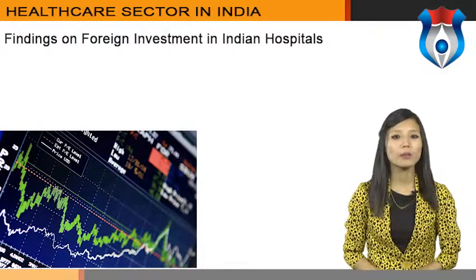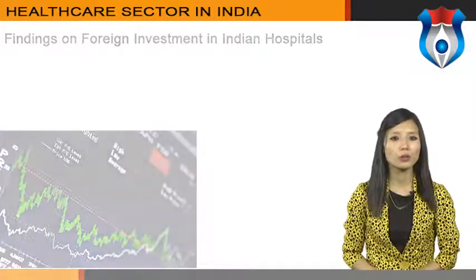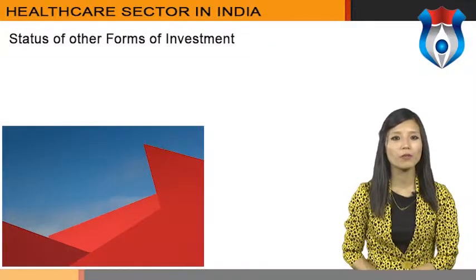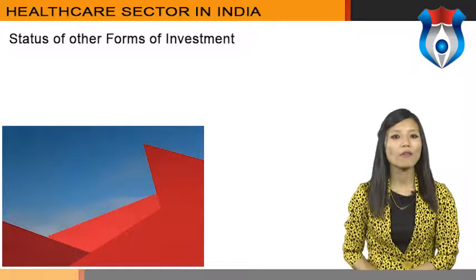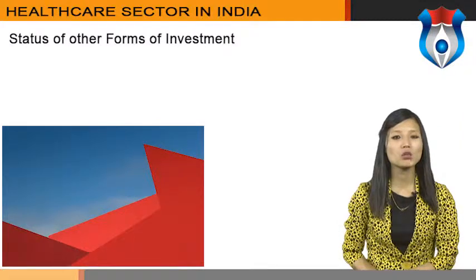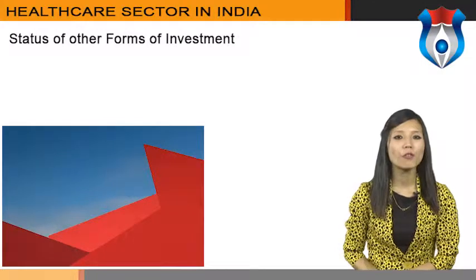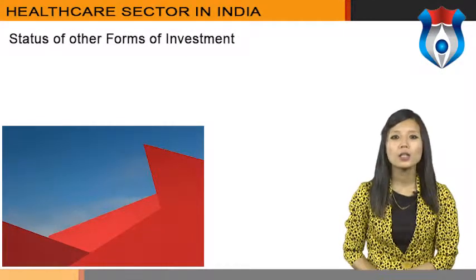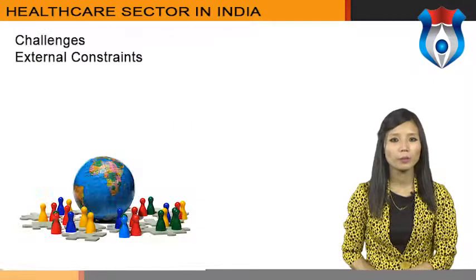Foreign venture capital investment is also allowed. Status of other forms of investment: non-debt-based foreign financing is present via private equity funds with stakes of 15 to 26%, development agencies, and investment arms of foreign governments, with around 50% of financing via long-term domestic borrowing.